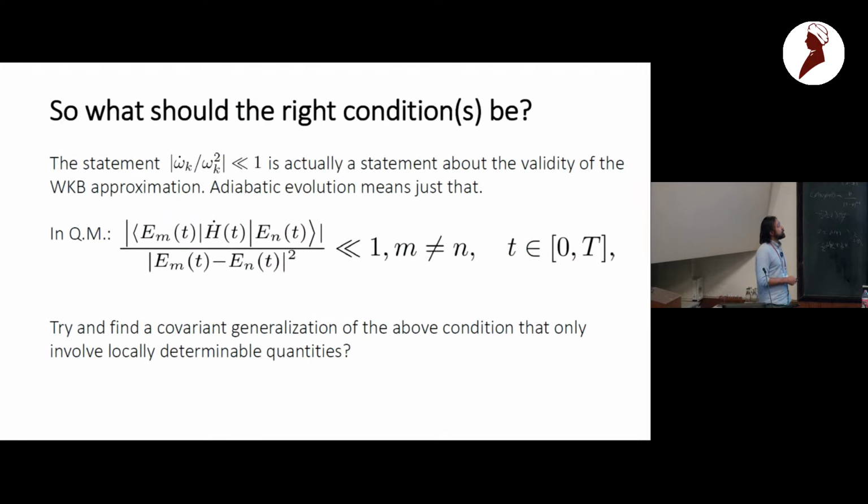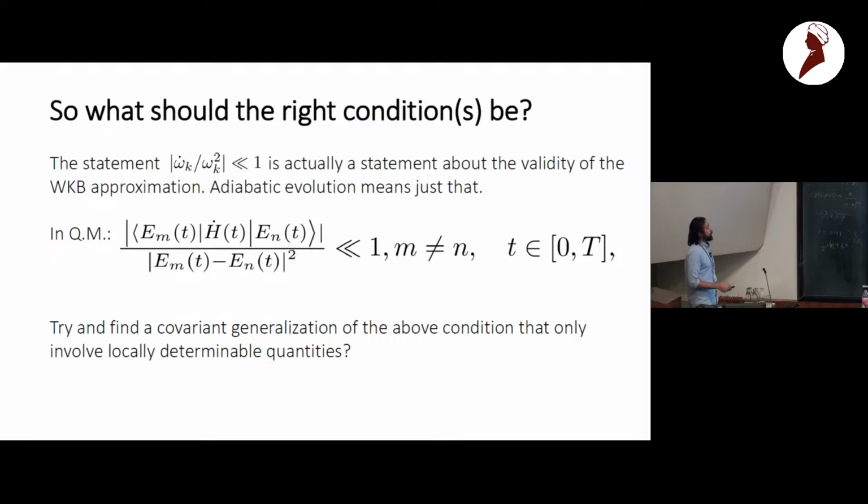So let me just park that for a second and point something else out. Let's just keep going and say, well, what would the right condition be in general, right? This is actually a statement about the validity of the WKB approximation. But adiabatic evolution literally just means you do not change from one eigenvalue to another as you time evolve the Hamiltonian.